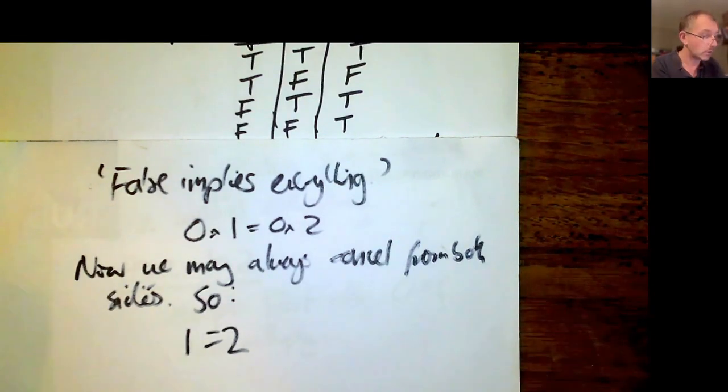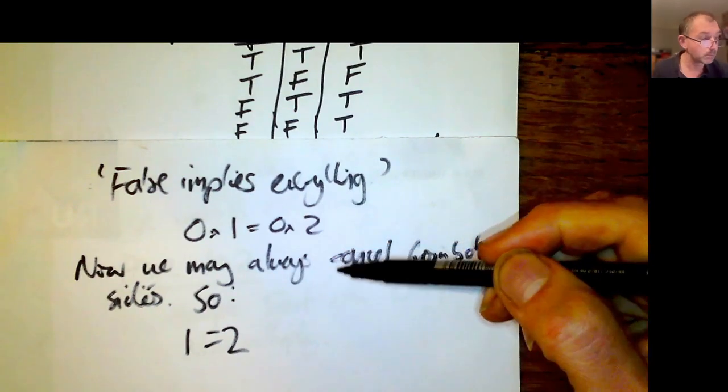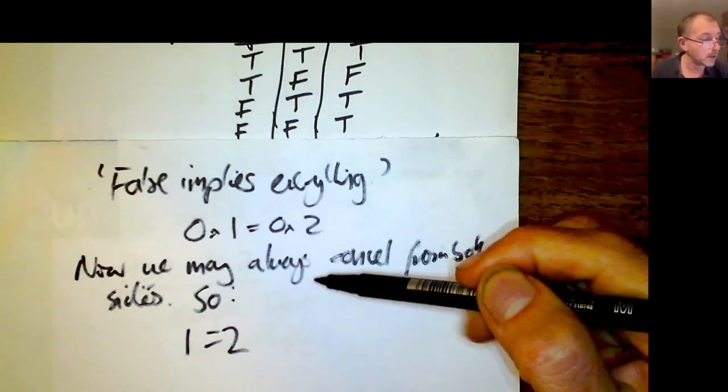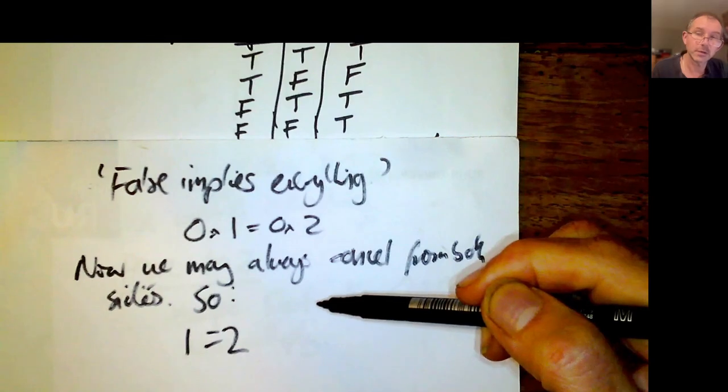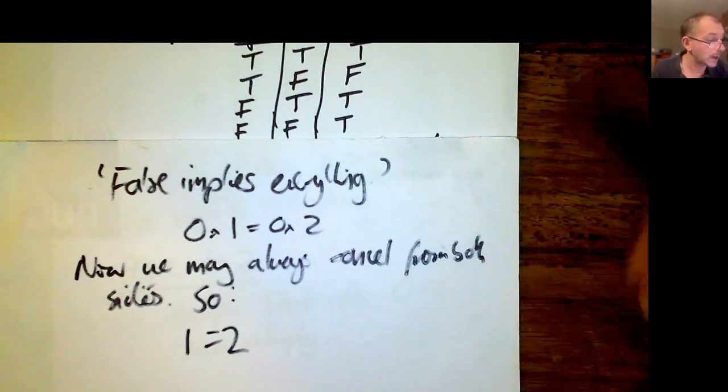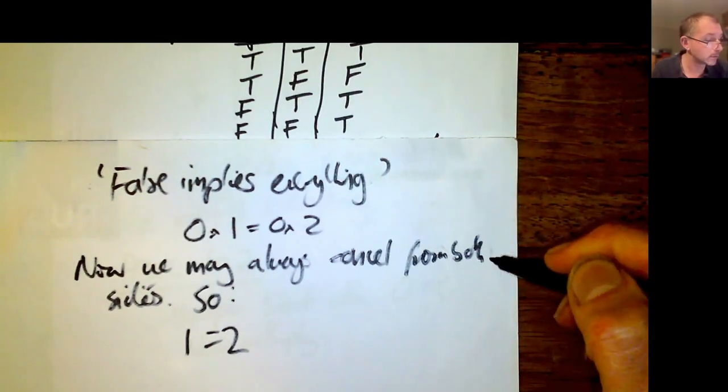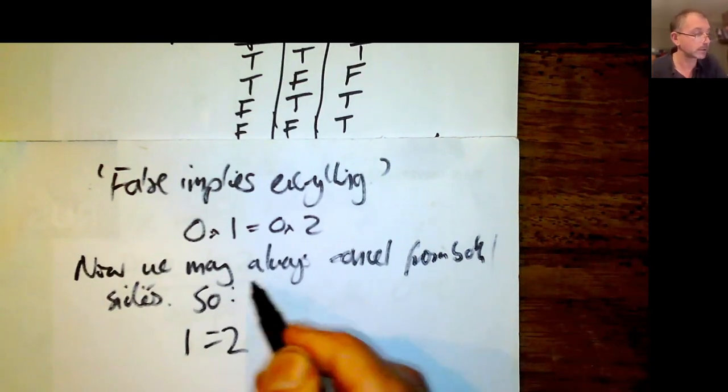So if we've got an absurd conclusion, it must be, because of this table, that the thing I started with was false. And the thing that's false here is that we may always cancel from both sides.